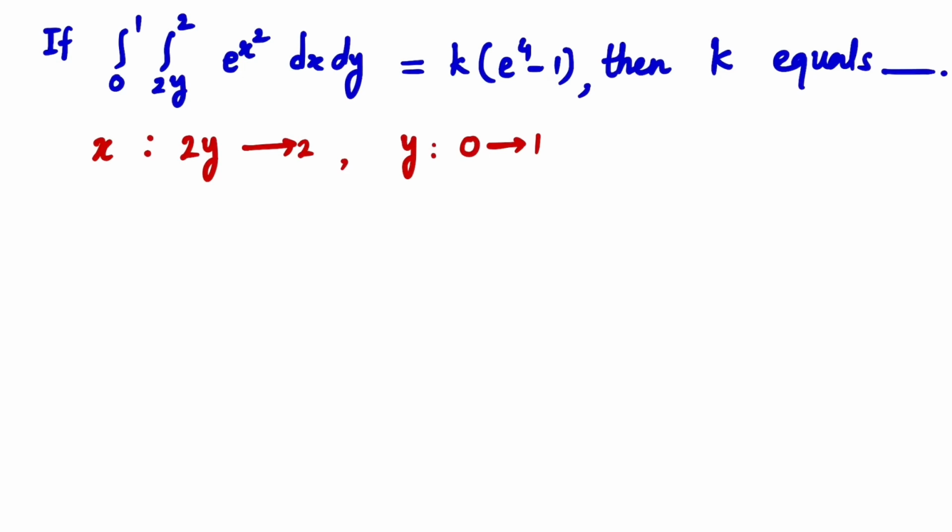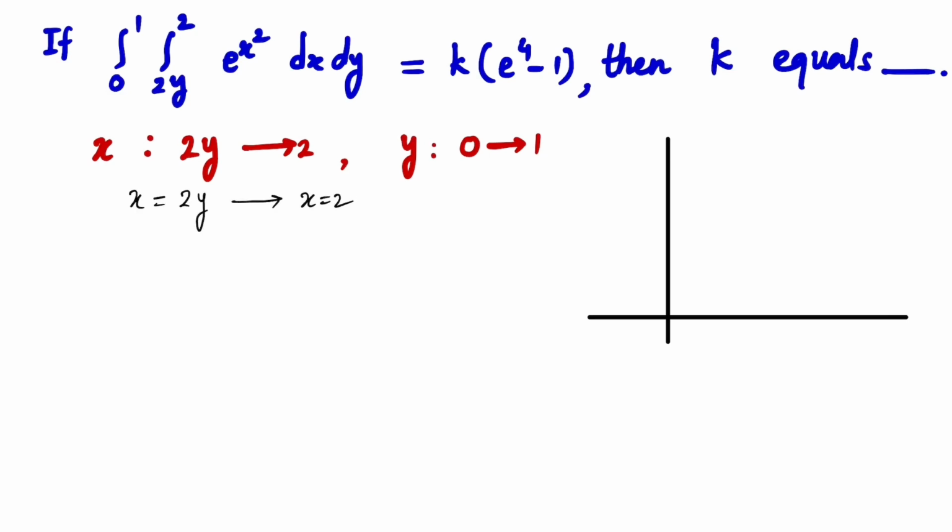So for that, here we have y axis, this is our x axis, and this means x is equal to 2y, right, to x is equal to 2. So x is equal to 2 means this line. So let's put x is equal to 2. Let us draw x is equal to 2y. That means what? This line is like this.